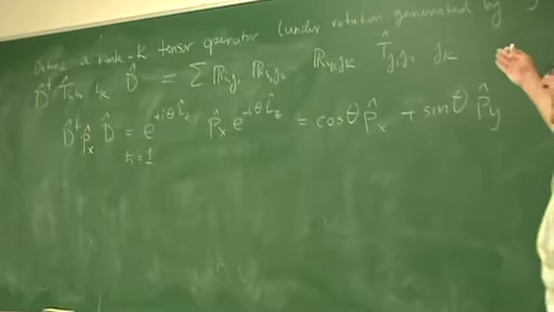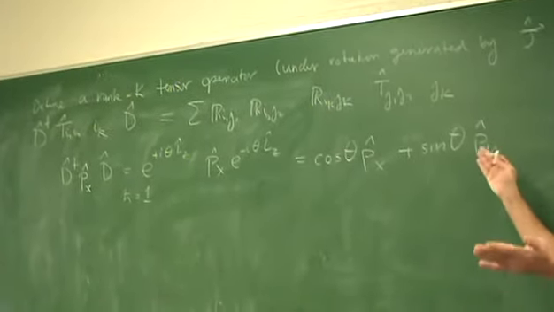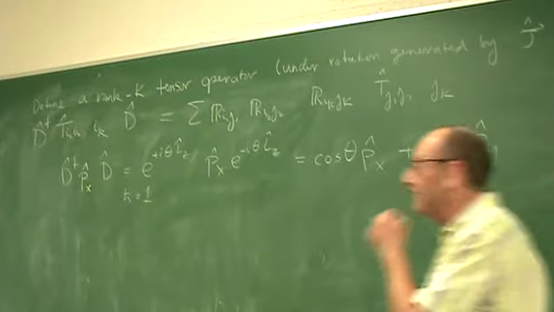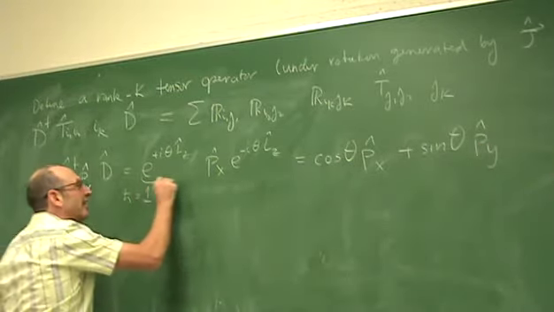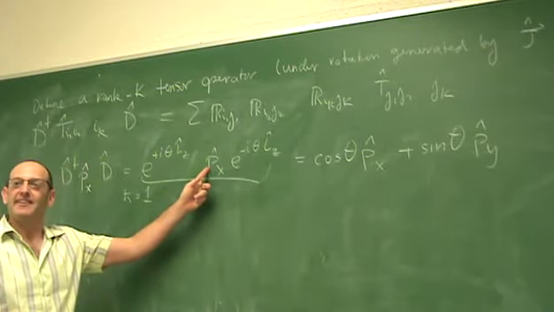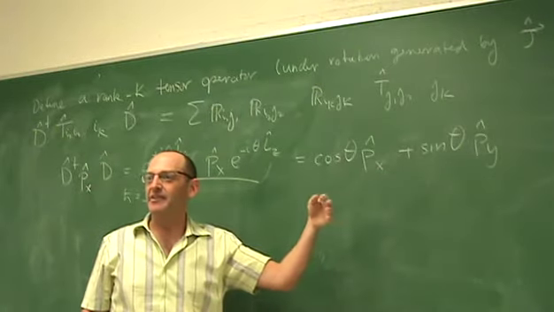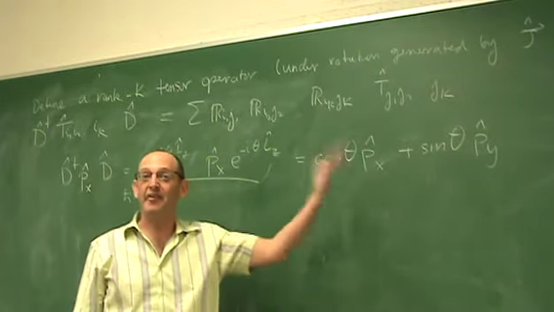That's an example of this transformation for a rank 1 tensor, where I've applied a unitary transformation to this operator and ended up with this linear combination of these operators. That's an example of a rotation.